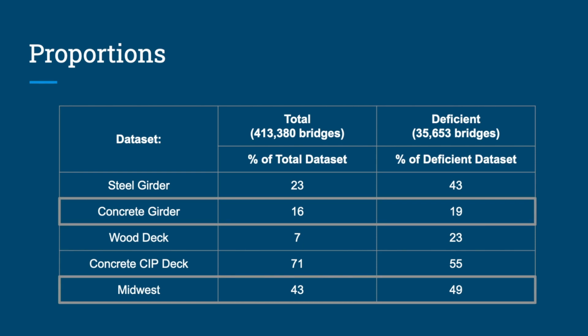And then the concrete girder bridges and the bridges in the Midwest, those percentages stayed roughly the same. So concrete girders also seem to be holding up well because they make up the same proportion of deficient bridges as they do total number of bridges. So they're, you might say, behaving as expected.